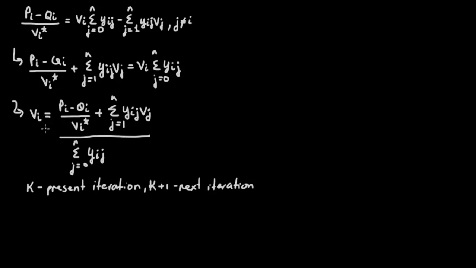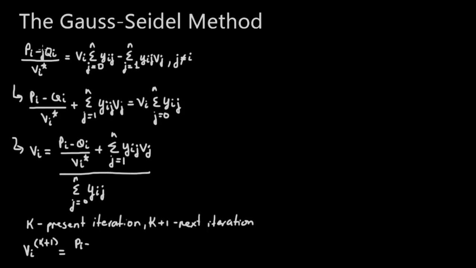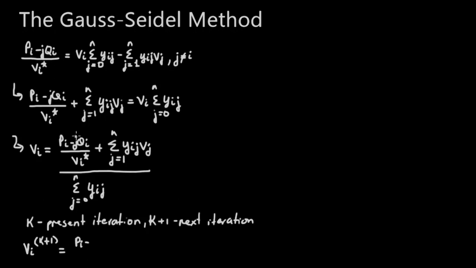So I'm going to define this in terms of the present iteration and the next iteration. I'm going to say Vi, with a superscript in parentheses, Vi(k+1). In other words, the next iteration is going to be equal to Pi minus jQi over Vi conjugate. Actually, notice here that I missed the j in my equation, so this should be j over here, and j over here.